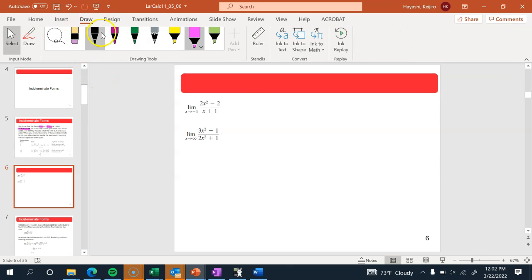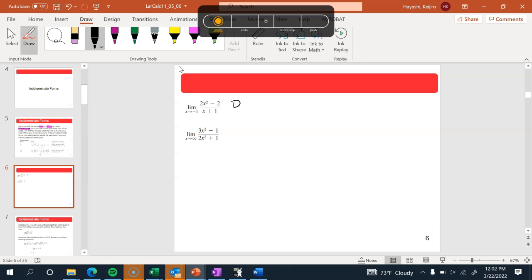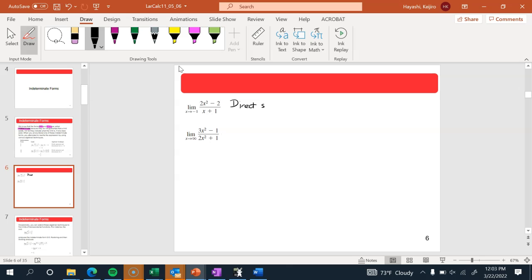But what you would do, previous to this, in Calculus 1, in evaluating these limits, is first note that direct substitution produces an indeterminate form.